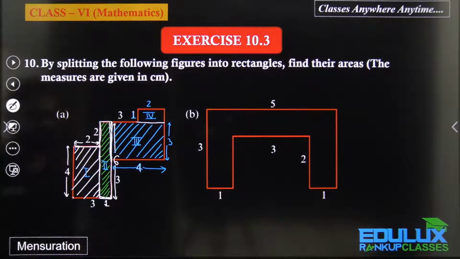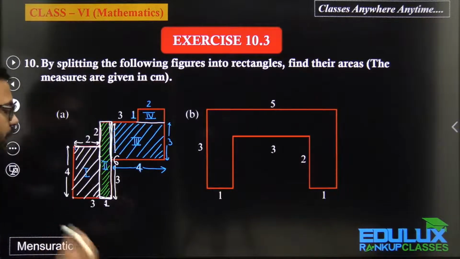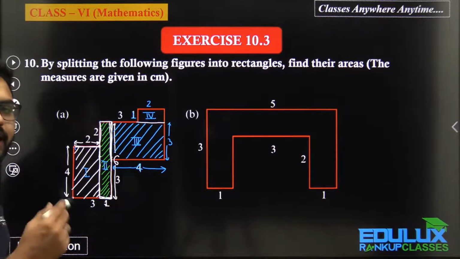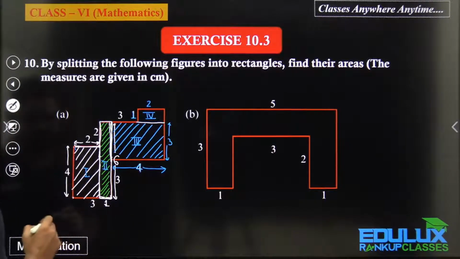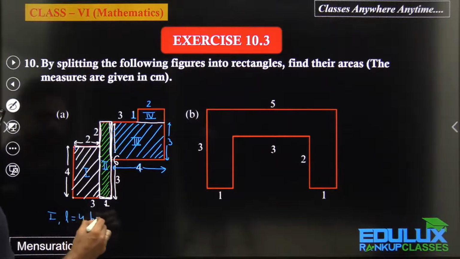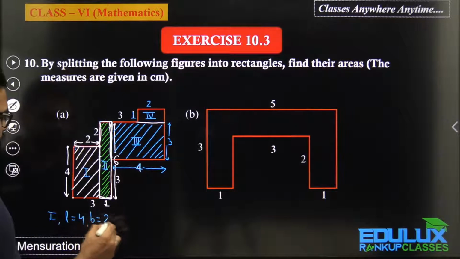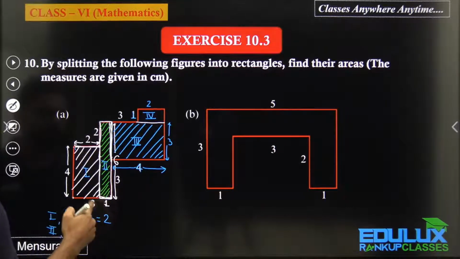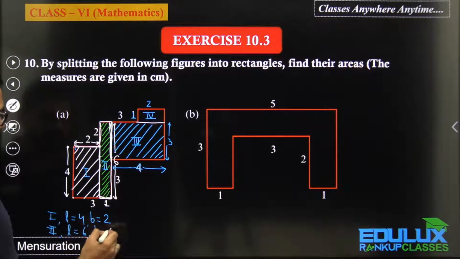What we can write here, we know that the area of any rectangle is how much? Length into breadth. So for first rectangle, length you can consider as 4 and breadth you can consider as 2. For second rectangle, length is equal to 6 and breadth you can consider as 1, right?